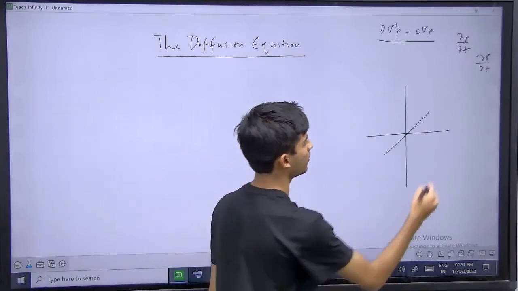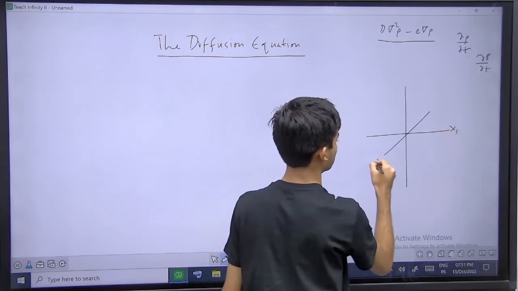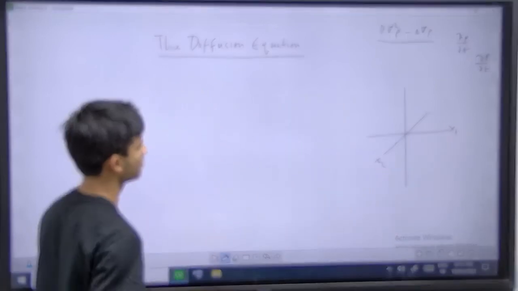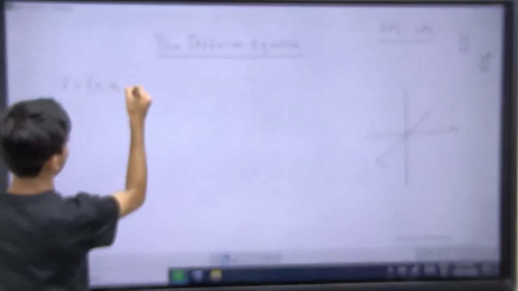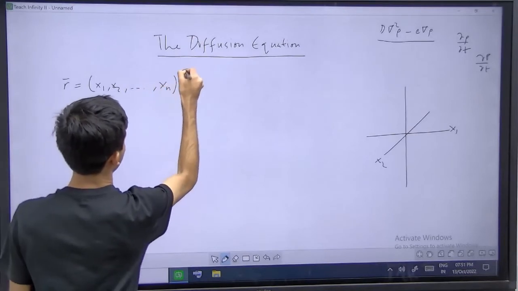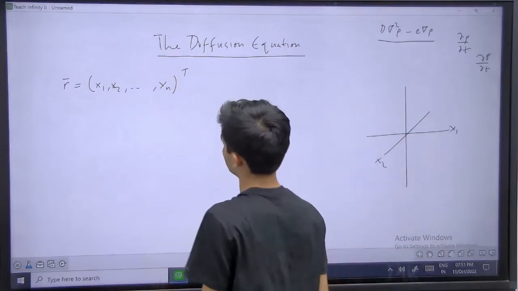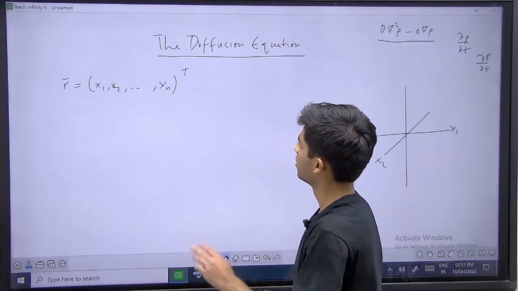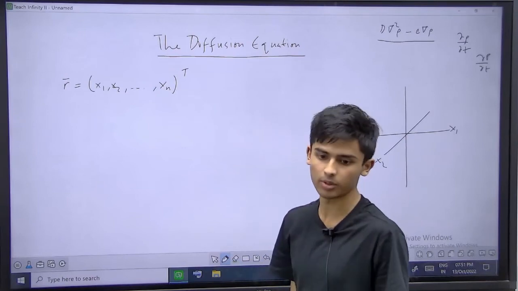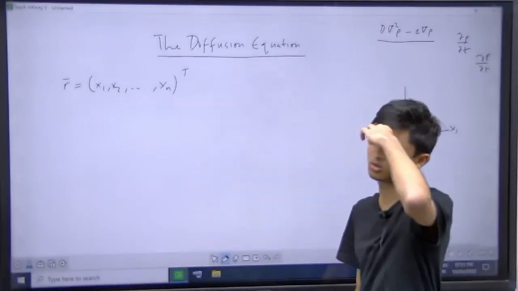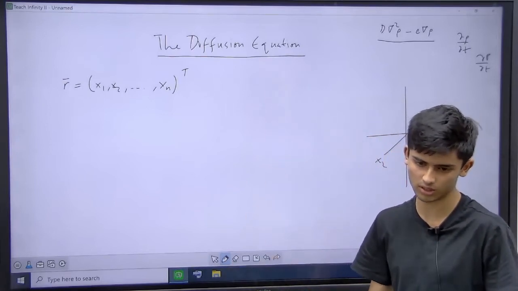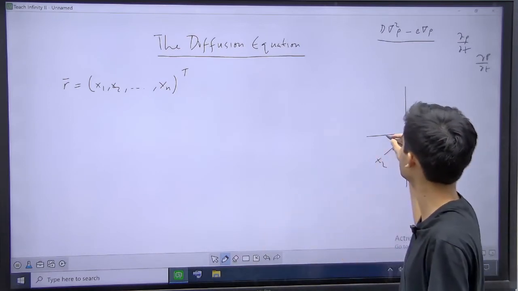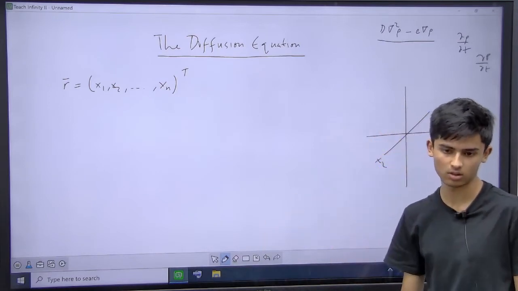Because if I have these independent axes x1, x2, in some n-dimensional space where the position vector is something like this, and each of these is an orthogonal coordinate system, these are n different dimensions. So in each of these, the form of the diffusion equation should not change, because what happens in one dimension is entirely independent of what's happening in the other, right?